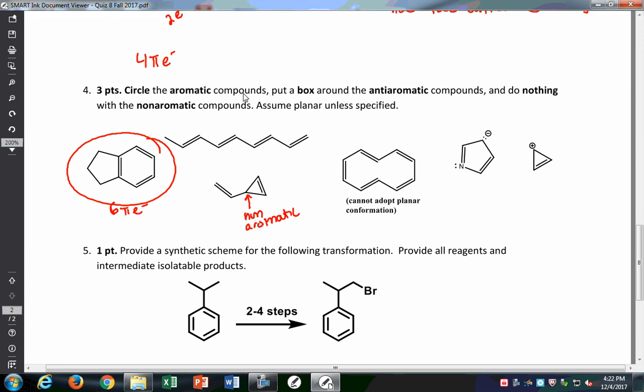How many electrons can we have in an orbital? 2. So this orbital already has 2 electrons from this pi bond. So these electrons are not in the p orbital, not part of the cyclic conjugated system. We don't count them. It is isolated or localized, as we say, to nitrogen. So this was 2, 4, 6 pi electrons in a cyclic system, so it is aromatic.